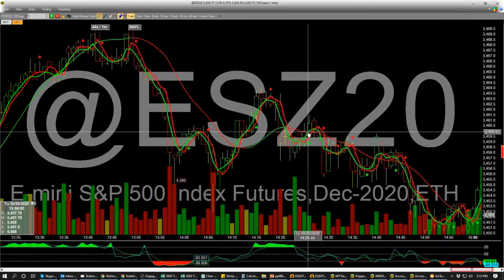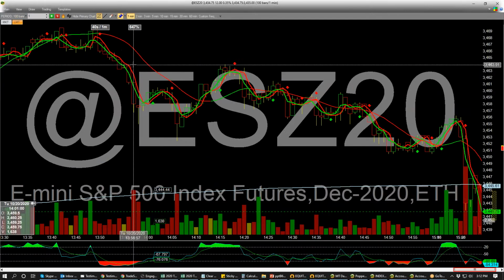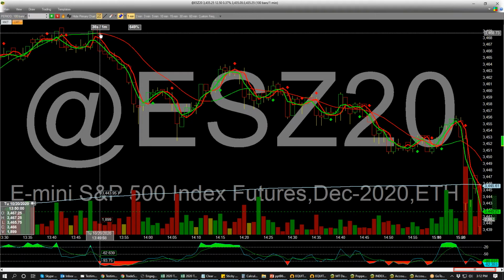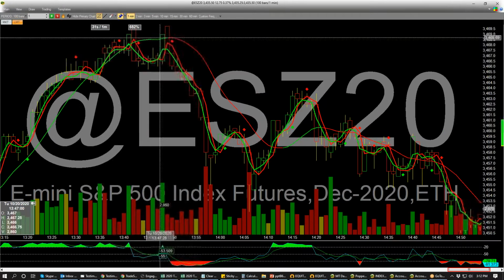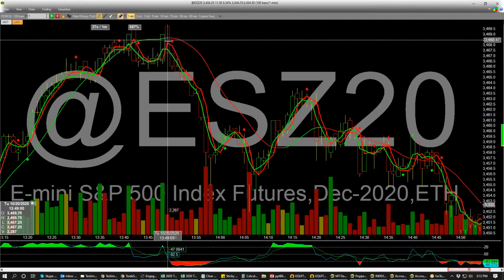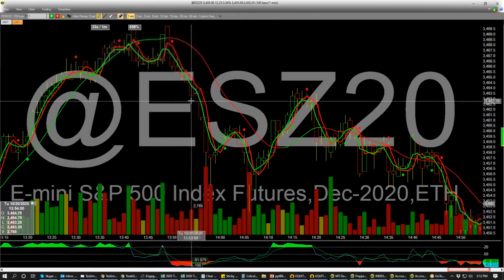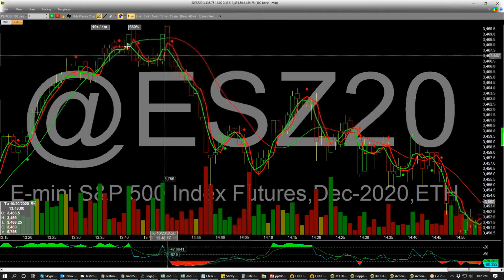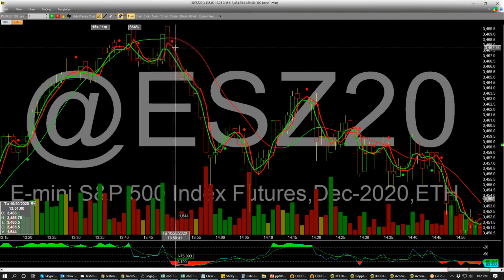Now, I missed a re-entry, which I think would have been right up in here. By the way, pretty much as soon as I got in, the HMA shifted to red. We had just gone underneath it, shifted to red, and then we had the down arrow, which was technically a third down arrow, because there was one here, a down arrow here, and a down arrow here.